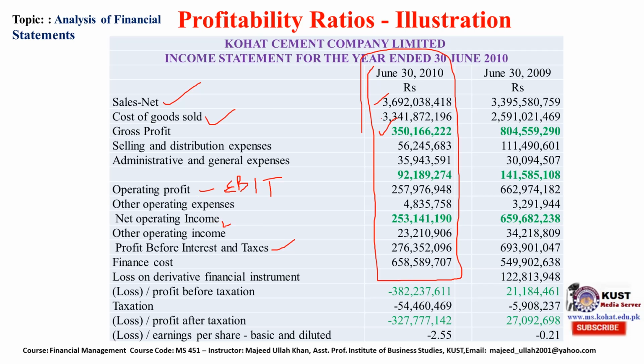This is net operating income. This is finance cost, interest expenses. This is some losses because of loss on derivative financial instrument, which is not here. So when we pay finance cost, we result in negative profit. After taxation, we get this negative profit. So we will use all these figures in calculating our profitability ratios.